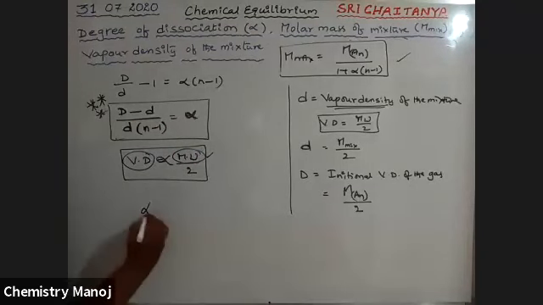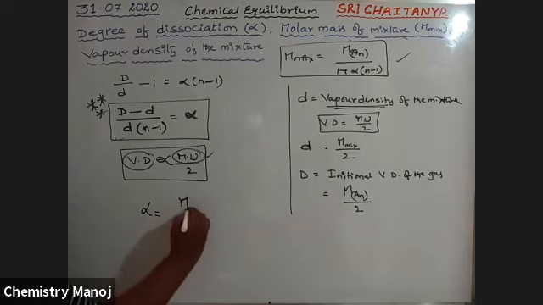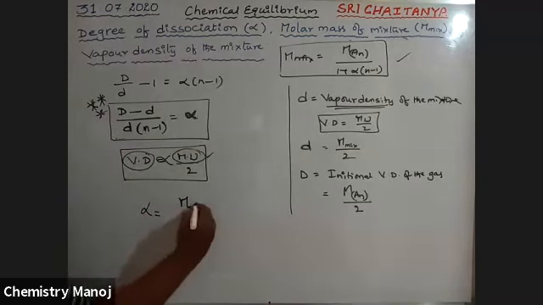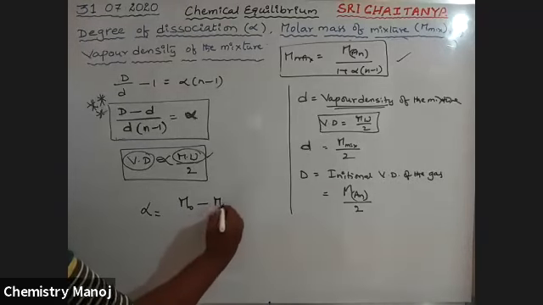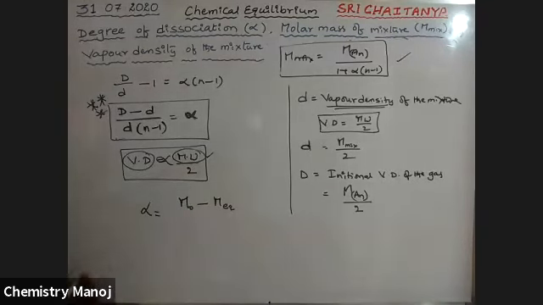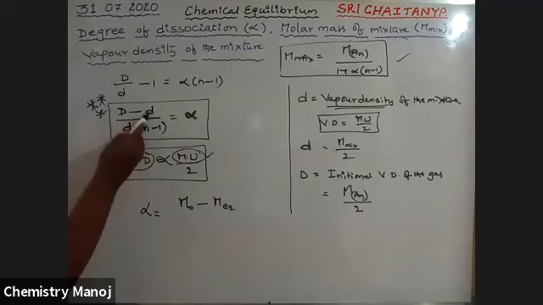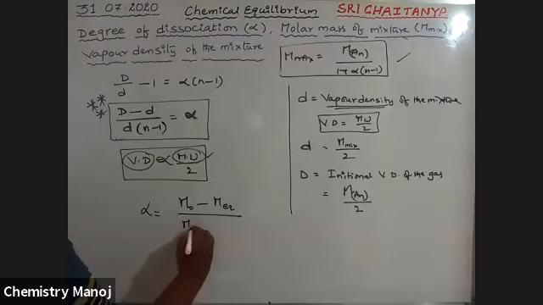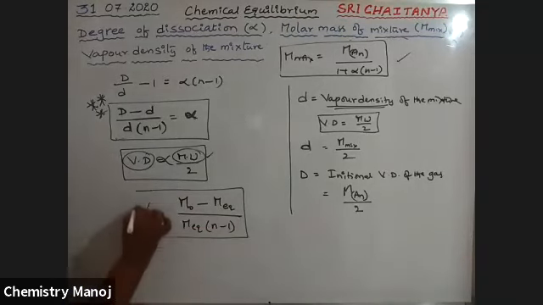Therefore, alpha is equal to initial molecular weight of the gas minus molecular weight of the gas at equilibrium, by molecular weight of the gas at equilibrium into n minus 1.